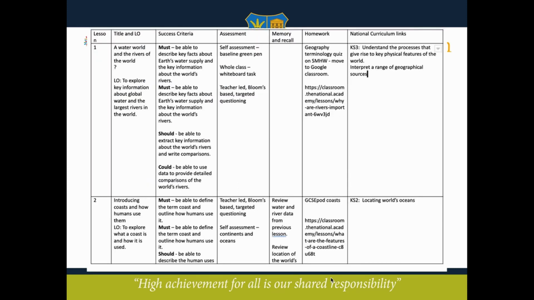So the first thing we did as a department was modify our schemes of learning and midterm plans. And we modified them to include national curriculum links for each lesson. So what this means is, going back to the DfE guidelines, if we need to modify that curriculum because of lockdowns, we can look at where there's duplication in each scheme of learning, and then maybe the lesson that's duplicated in terms of the national curriculum link can be moved online, whereas the lessons that aren't duplicated need to be taught in the classroom.